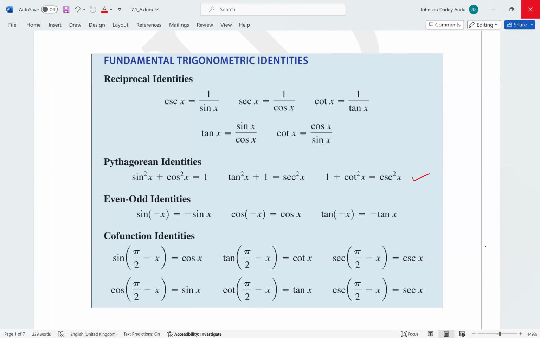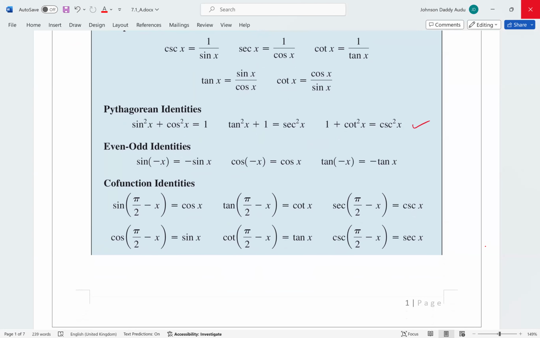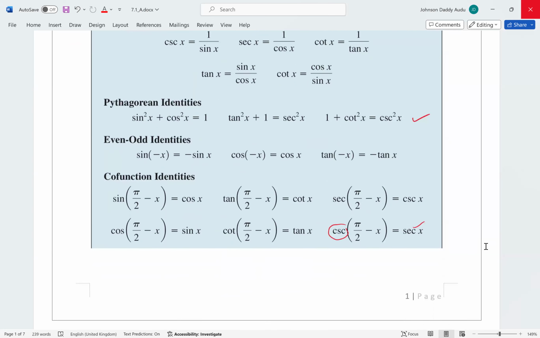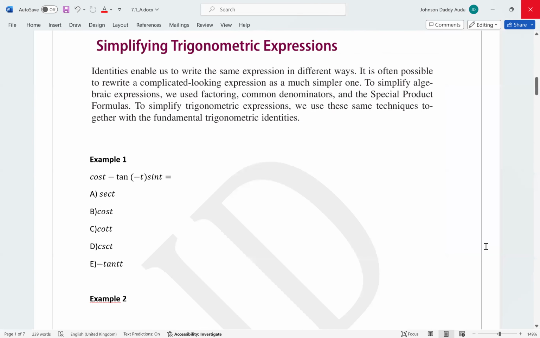So sine is odd, cosine is even, and tan is also odd. And we have the co-function identities as well. You can see there is a co-function identity between cosec and sec. So these are things we discussed earlier. Now, let's go into simplifying trigonometry expressions.